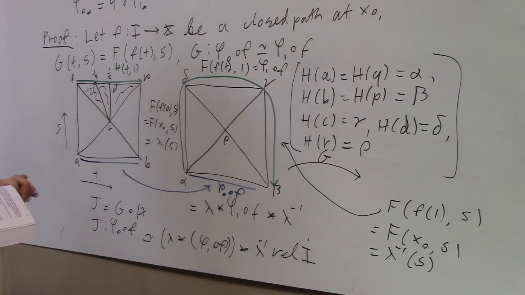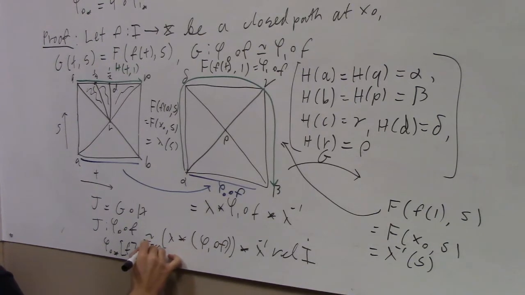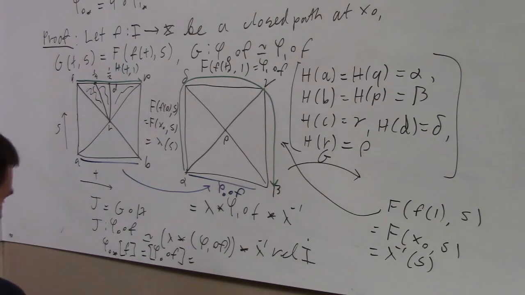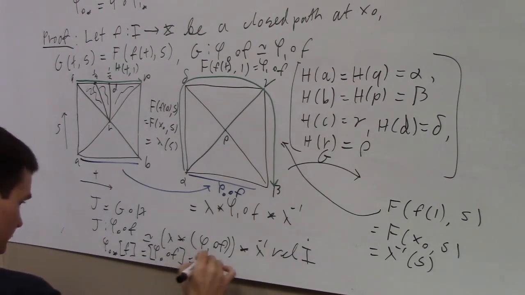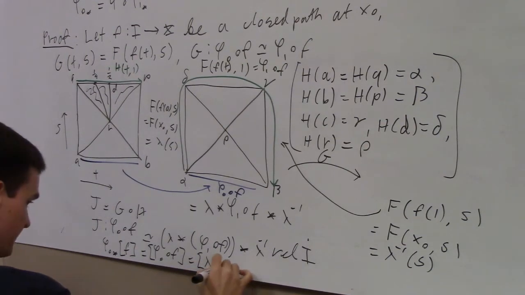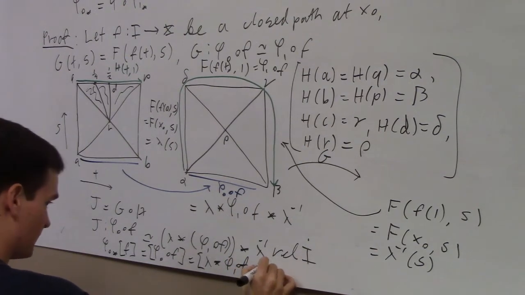So therefore, stating this in the language of path classes, running out of room here, I think I can still do it. The map induced by phi naught applied to f is equal to the path class of phi naught of f, which by this is equal to the path class of lambda adjoined with phi 1 of f adjoined with lambda inverse.